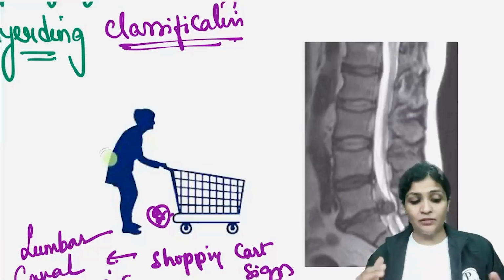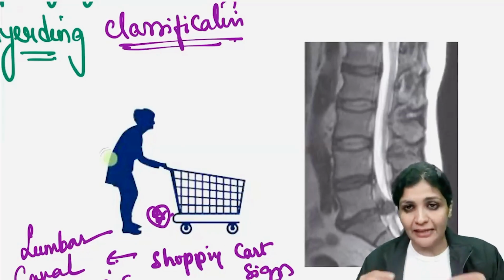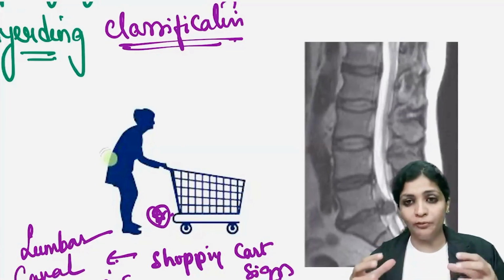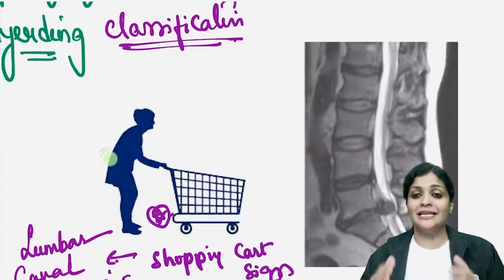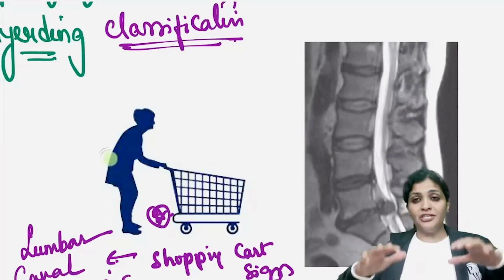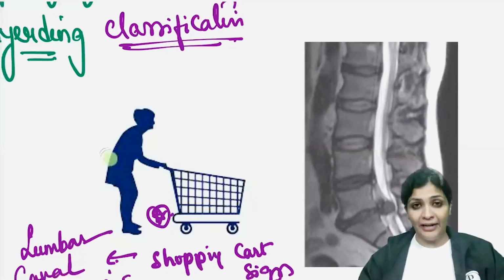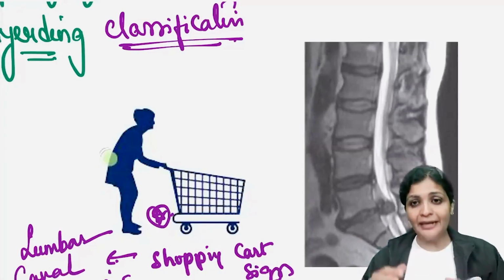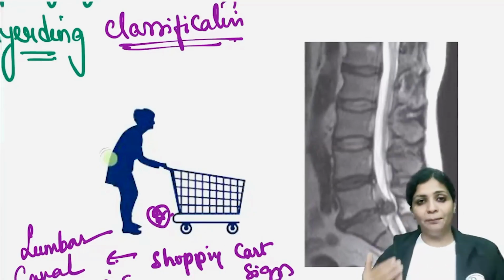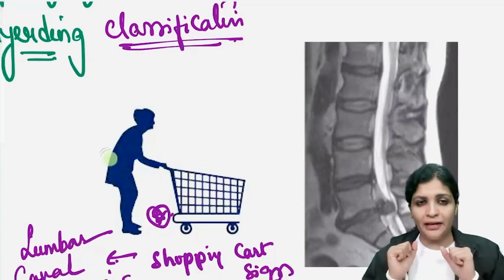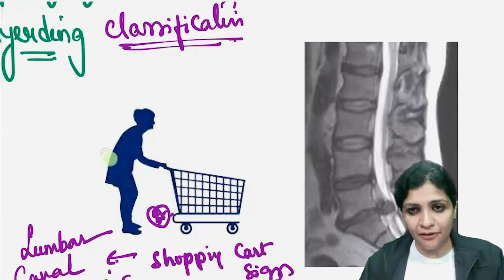But once we flex, the canal opens. That means the volume of the canal increases, hence the signs and symptoms will decrease. So the patient will always find flexion of the spine a comfortable position. The shopping cart is how you push it, by flexion, right?